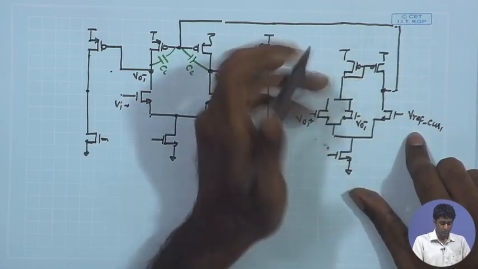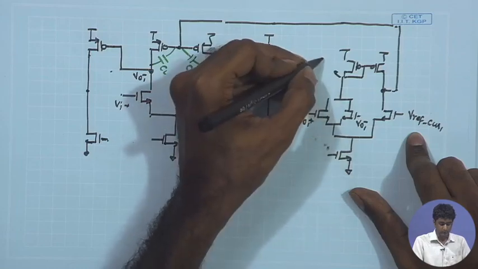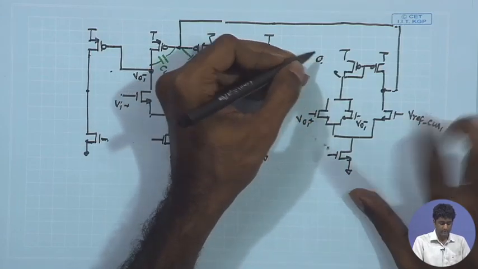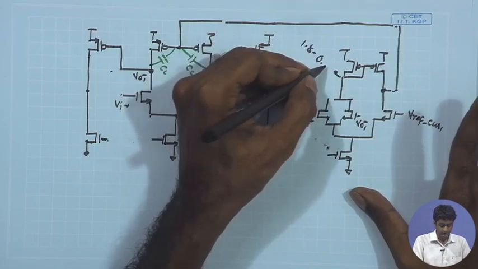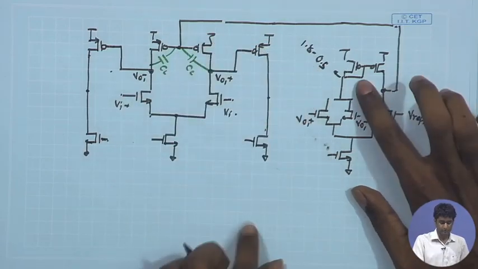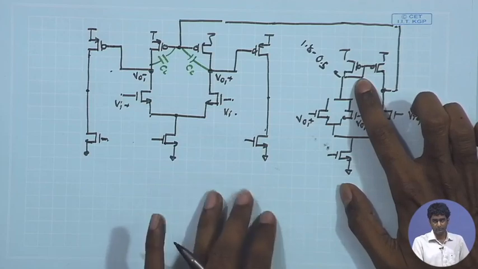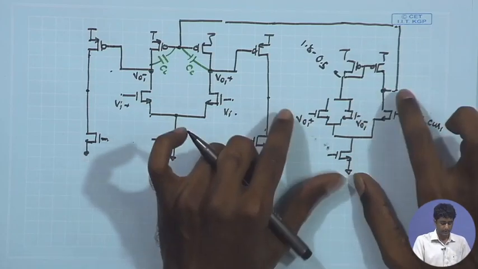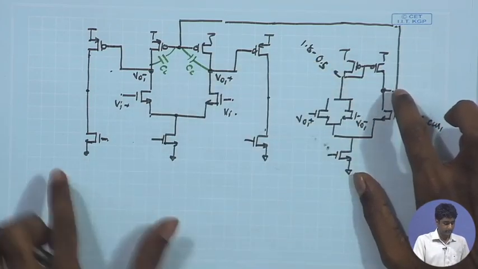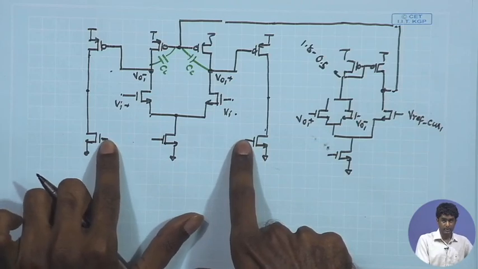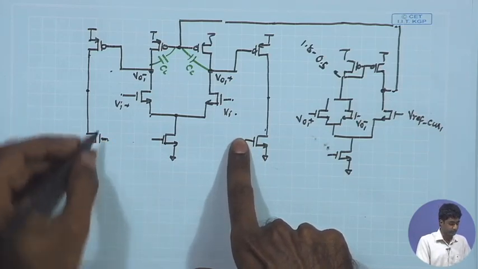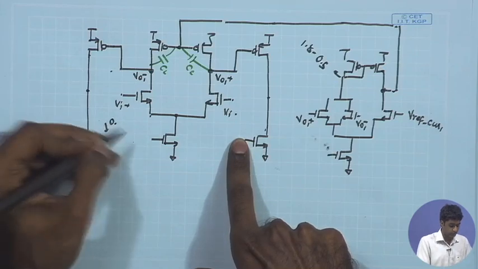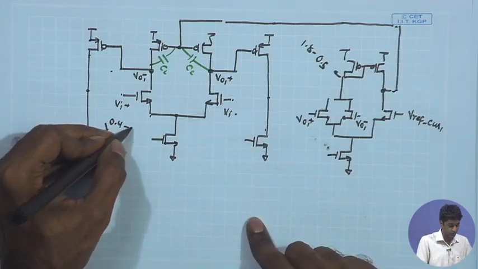So, nominally this potential will be close to VDD minus 0.4 or 0.5 volt. So, VDD 1.8 minus 0.4 or 0.5 volt is something like 1.3, 1.4 volt, and we are expecting that the DC potential that is required to drive this is of course much lower. It is close to VT of the NMOS, so 0.4 to 0.5 volt.